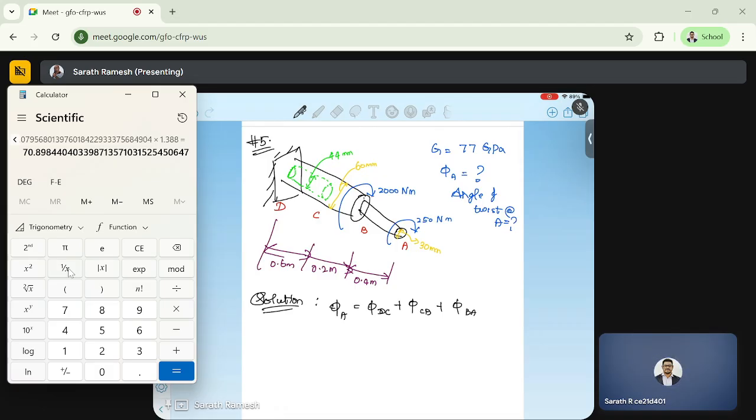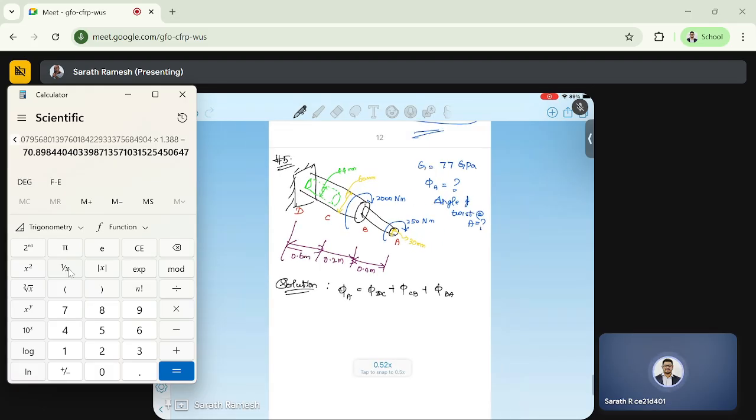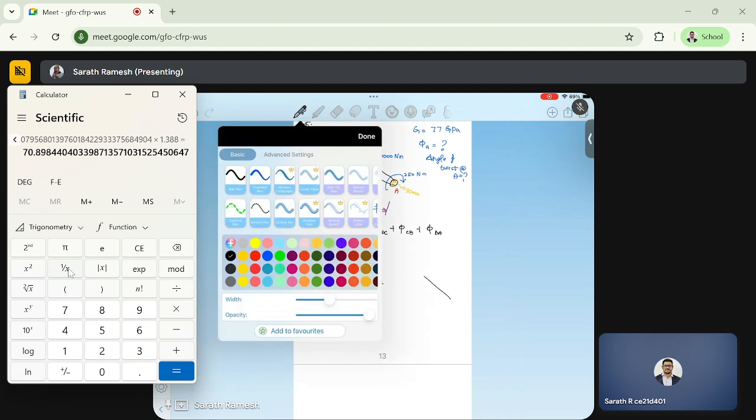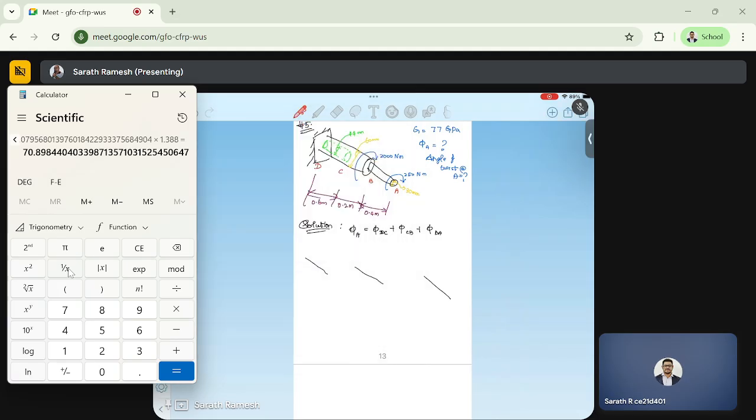Now, for each of these, we need to know the torque first of all. So, as usual, let's draw the free body first. This is portion CD, BC, and AB. Here it is 250. So here also will be 250, right?